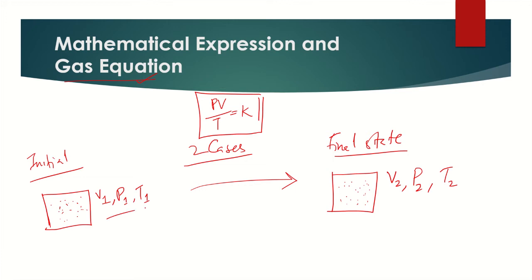So to the first initial case, let us try to apply the PV by T is equal to K expression.